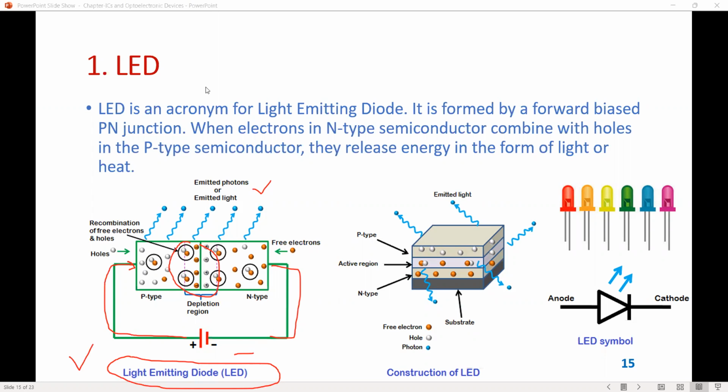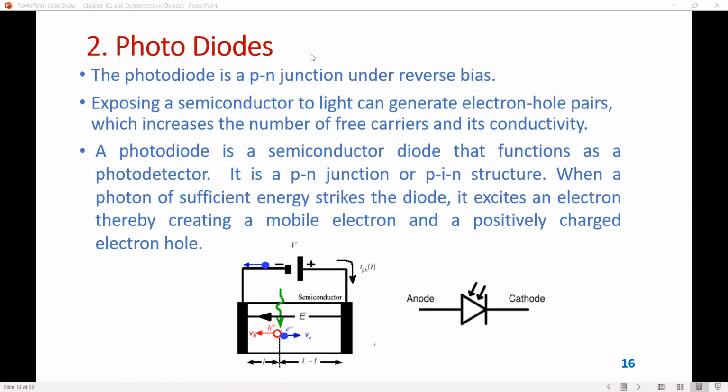See the opposite operation in a photodiode. So what is a photodiode? It accepts the photons, that is, light, and converts it into electrons. Okay, see now, read what is a photodiode. So the photodiode is a PN junction under reverse bias.